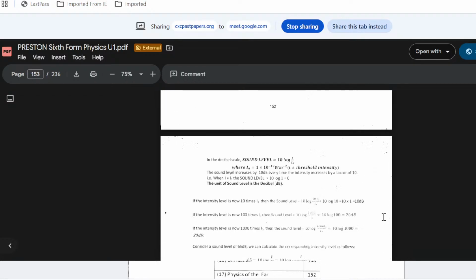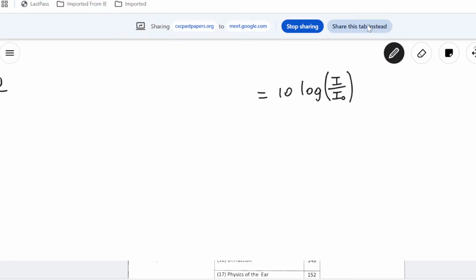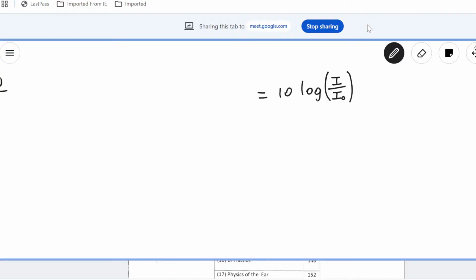All right. So that's the sound level. Sound level is equal to that. Sound level in decibels.